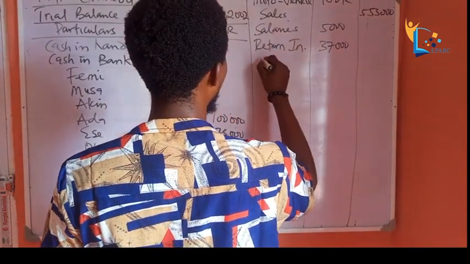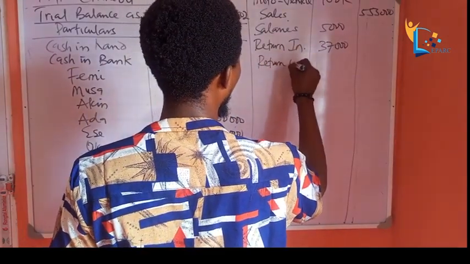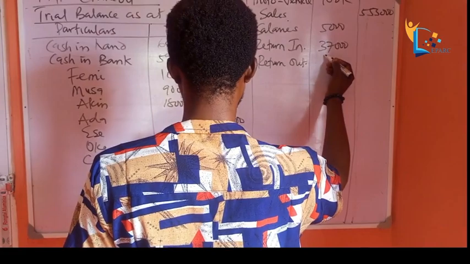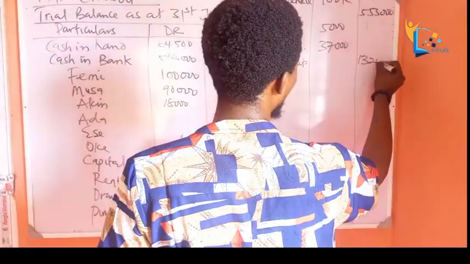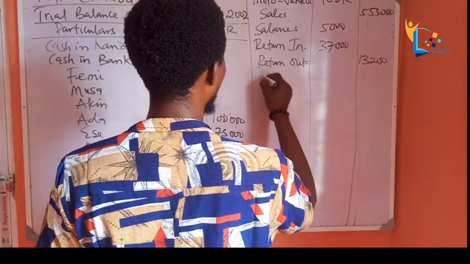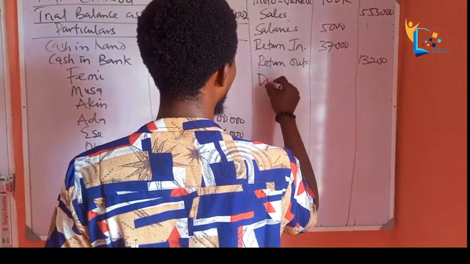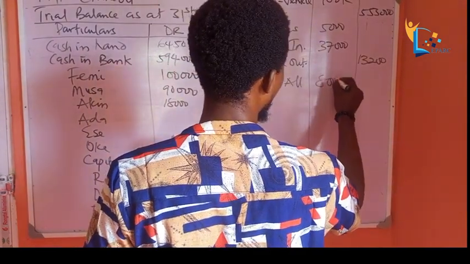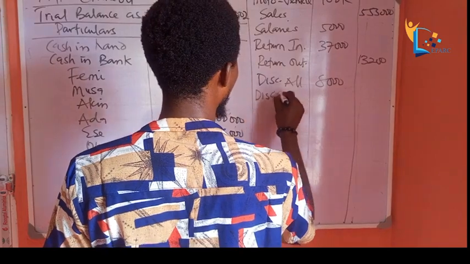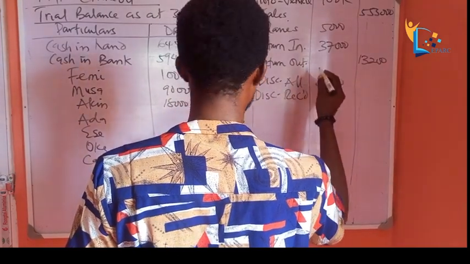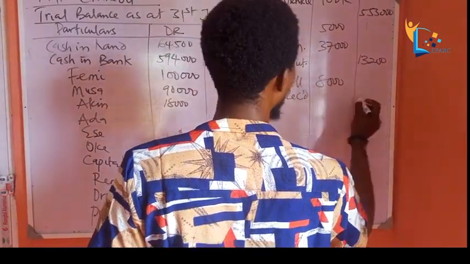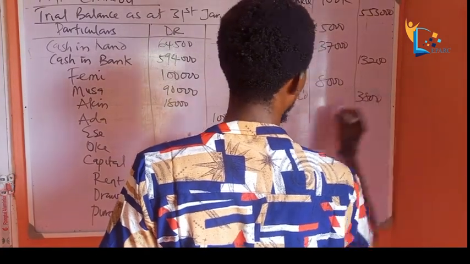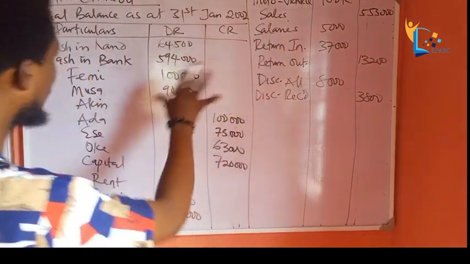Then we have return outward, which is 13,200. Then we have discounts allowed, which is 8,000. We have discounts received, which is 3,800. So we have posted the entries.